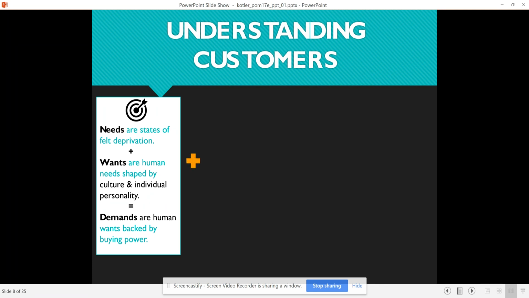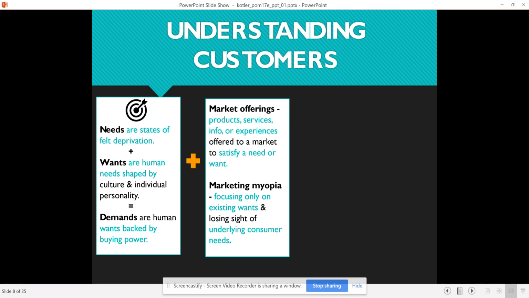So you identify customers' needs, wants, and demands. And then you, as a company, a person, will make an offering through products, services. And what you want to do is satisfy a need or a demand. So again, with the water and iced tea, Amazon has water on their website, and they also have iced tea on their website.